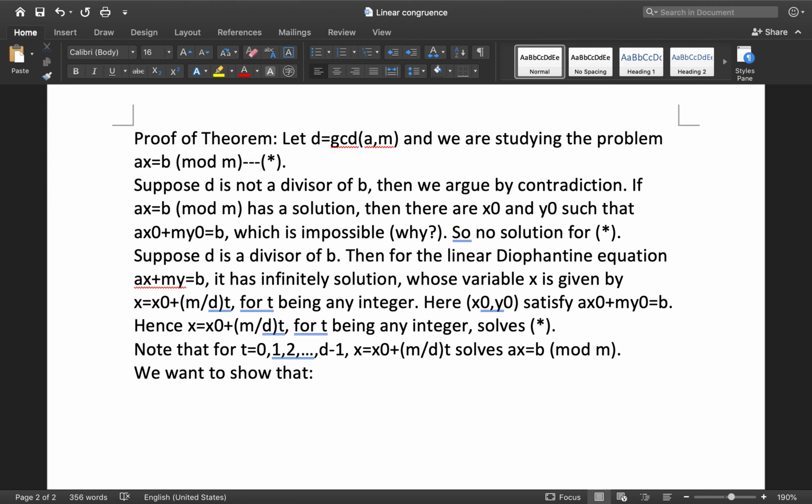Of course, you can find any other solution, but any other solution will be congruent to those solutions, for some t equal to 0, 1, 2, up to d minus 1. So that means there are only d many incongruent solutions.